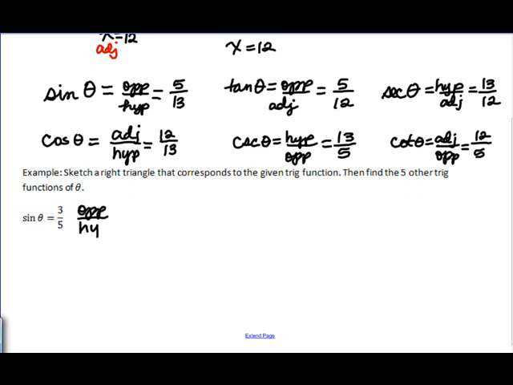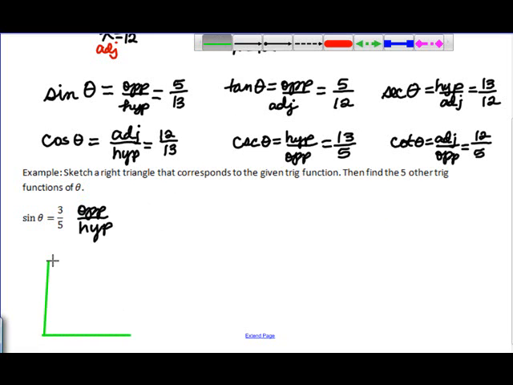So that tells me that if I draw a right triangle, and preferably a pretty nice right triangle, and we know that we have a right angle here. Now theta in this case can be either angle. Let's just make it here.